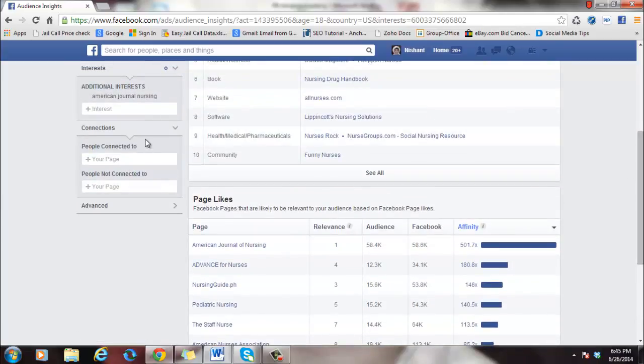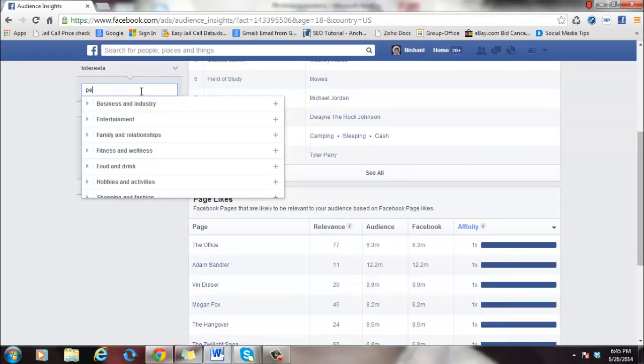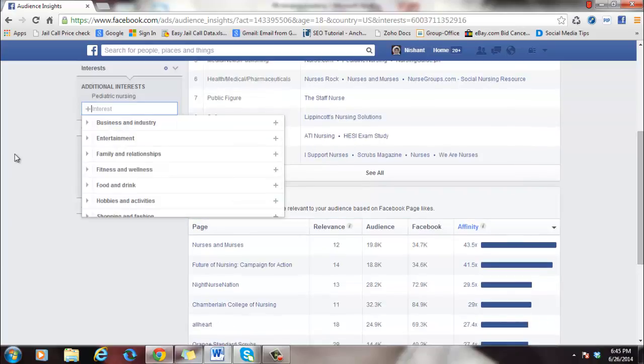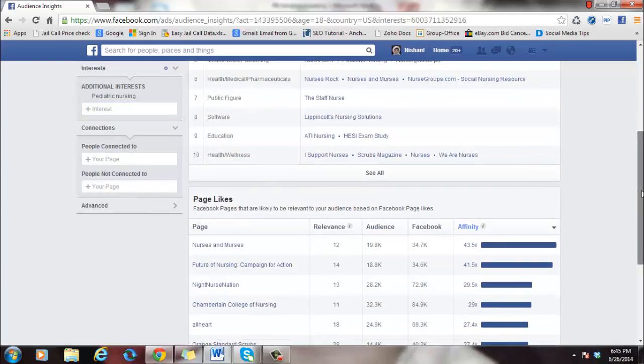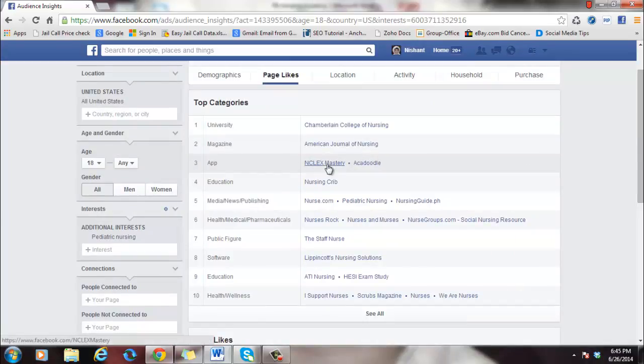Again, if we want to focus on pediatric nursing, let's just put pediatric nursing here. And once we put pediatric nursing over here, the things over here also change. As you can see, you have NCLEX Mastery, you've got Nursing Crib. NCLEX Mastery wasn't there earlier, but now it is.